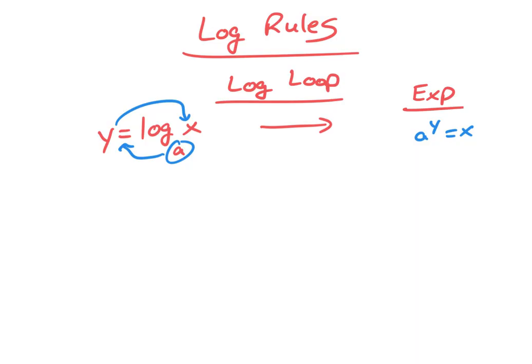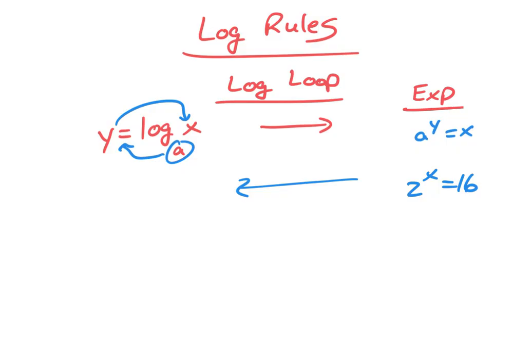I always like to write the log first. I wrote it in the wrong spot, that's my fault. I meant to write the exponential form. 2 to the x equals 16 is what I meant to write.